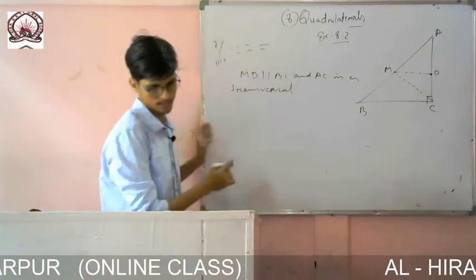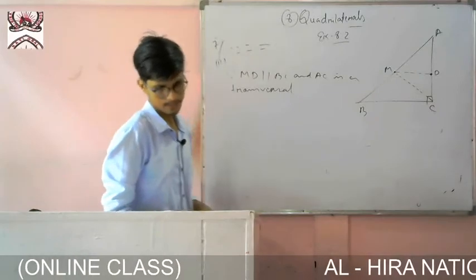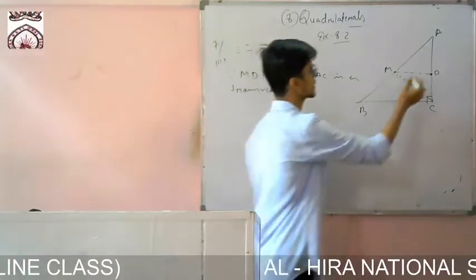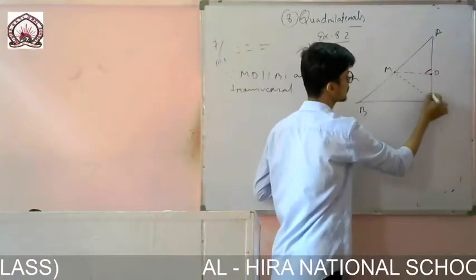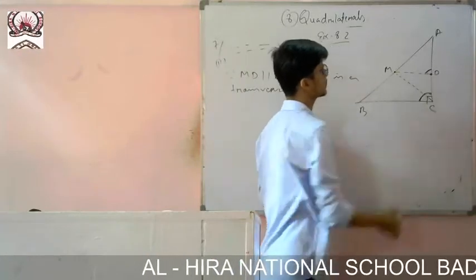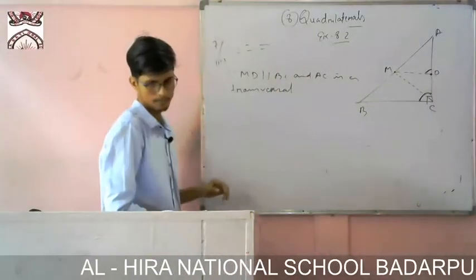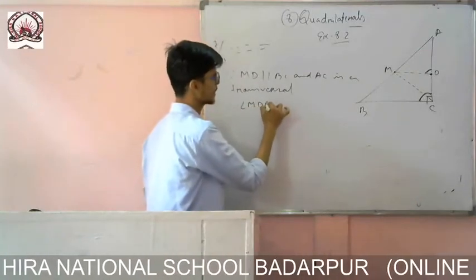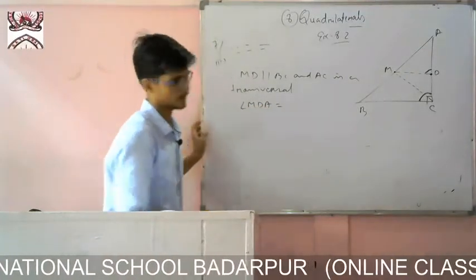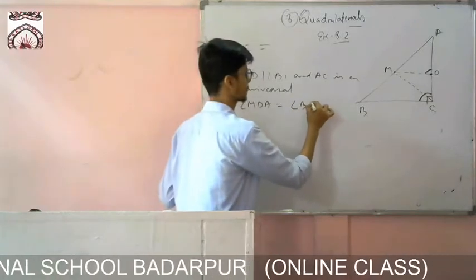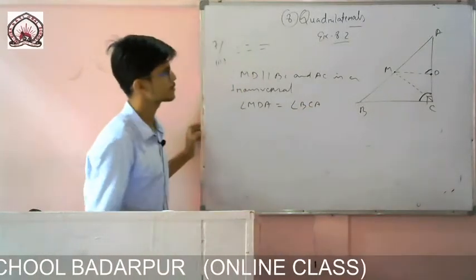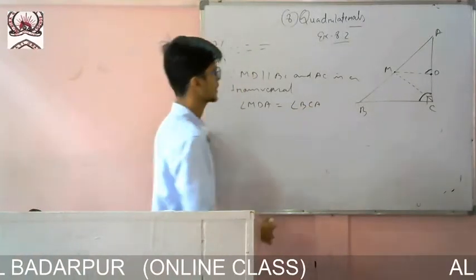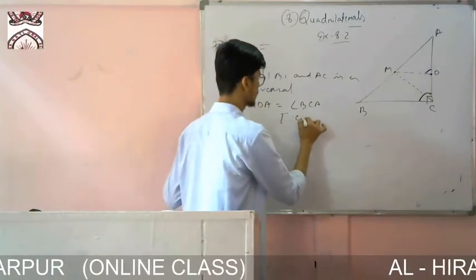So if AC is a transversal, then this angle is corresponding to this one. Therefore angle MDA equals angle BCA, corresponding angles.